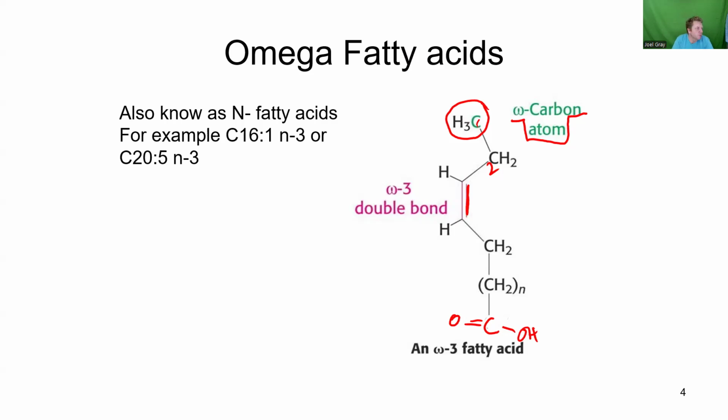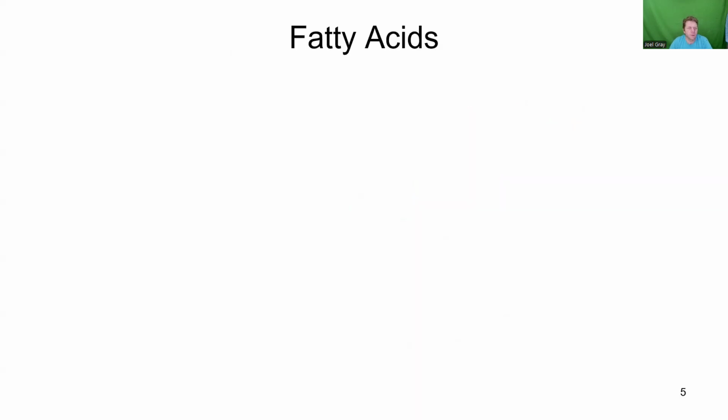We also have C20:5 N minus 3. That means we've got 5 double bonds, and they begin 3 from the end and number off from there. Like I said, I'm going to draw some examples of these in just a little bit.